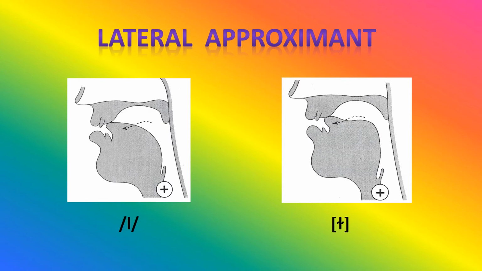Clear lateral occurs before vowels and before the palatal approximant. The tongue shape is slightly palatalized with a convex upper surface, giving a close front vowel E-type resonance. Dark lateral occurs before consonants and pause.